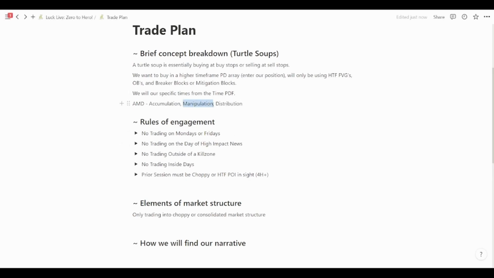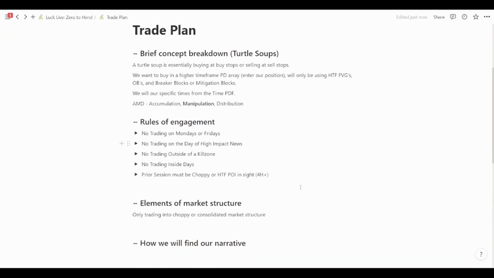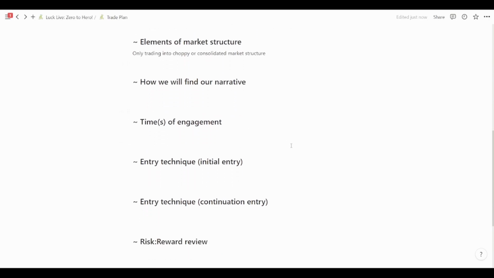With manipulation being the key word here, because this is where we want to enter our initial trade. We're going to be entering as soon as price hits the higher time frame POI with a stop potentially below it. So we need the manipulation itself to enter our trade, which is why I'm going to be using the choppy or consolidated market structure to align myself with the market.